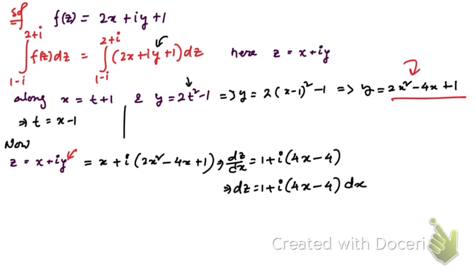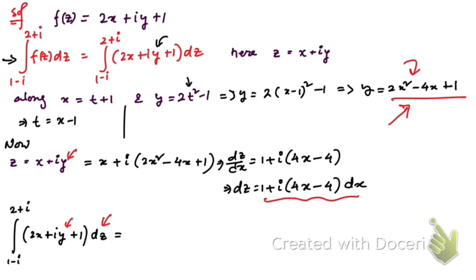Now therefore the integration from 1 minus i to 2 plus i of (2x plus iy plus 1) dz is going to be equal to, here what we're going to do, we're going to replace this y by this expression and dz by this expression.